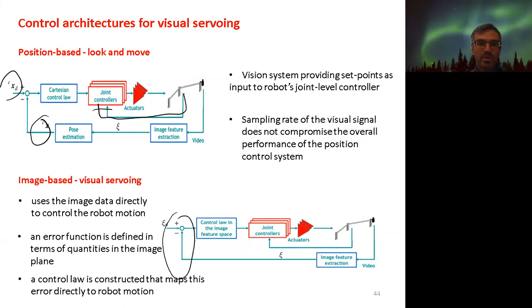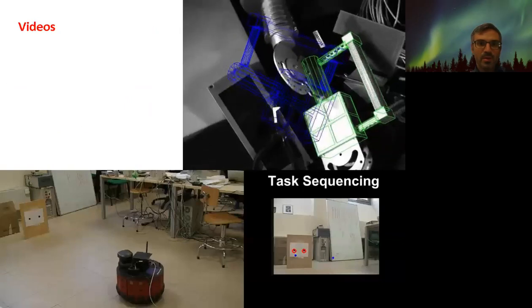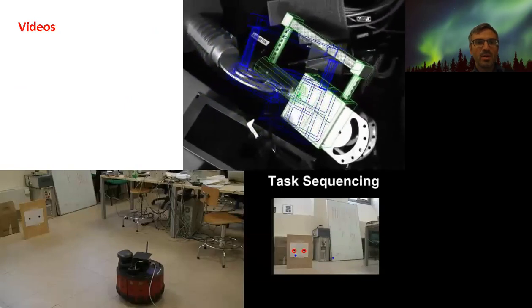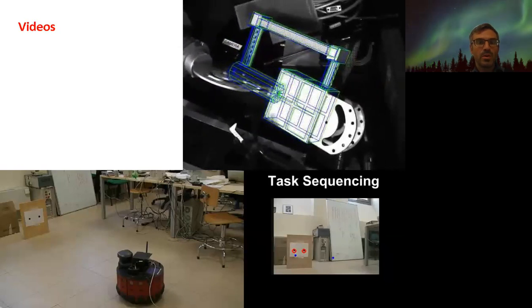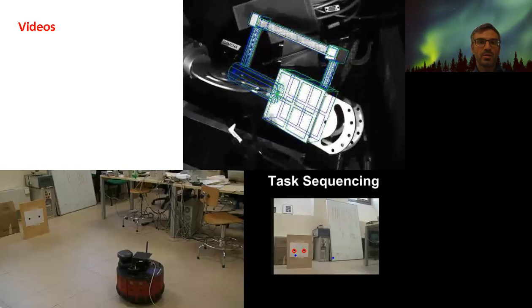So here you have some examples of this. This is the look and move, the position-based one, where you move the end effector in order to match and align with the shape you see.